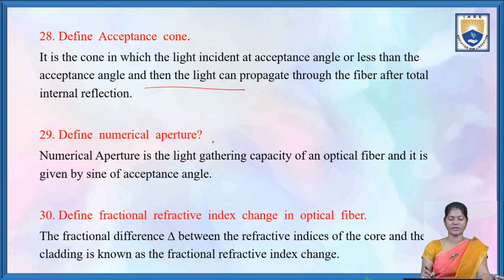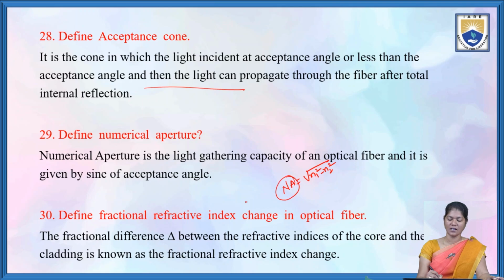Define numerical aperture. Numerical aperture is the light gathering capacity of an optical fiber, and it is given by the sine of the acceptance angle. So NA is equal to root of n1 squared minus n2 squared.